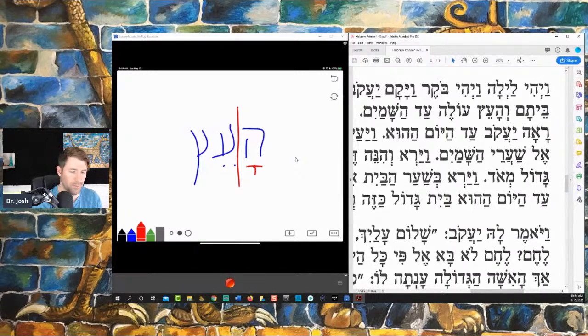And we call that, if you remember, compensatory lengthening. That's the technical term. It's compensating because you can't get that dagesh. See? Every time I put it in there, it just pops it right back out. Doesn't like it. So you get compensatory lengthening. And of course, you just have the shva on the word. So ha'etz, the tree.